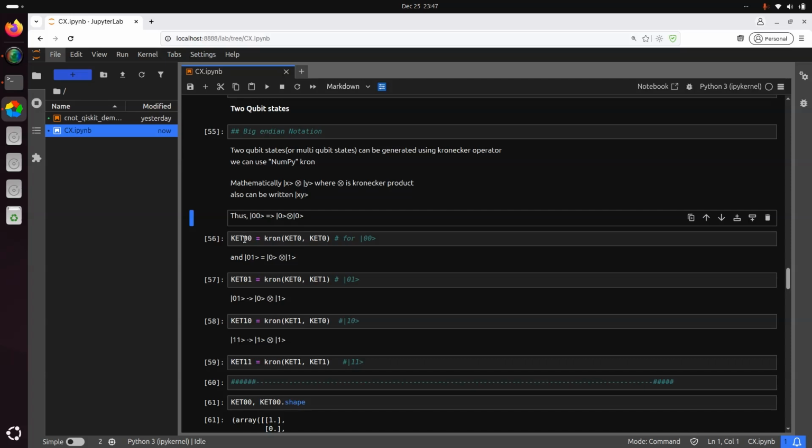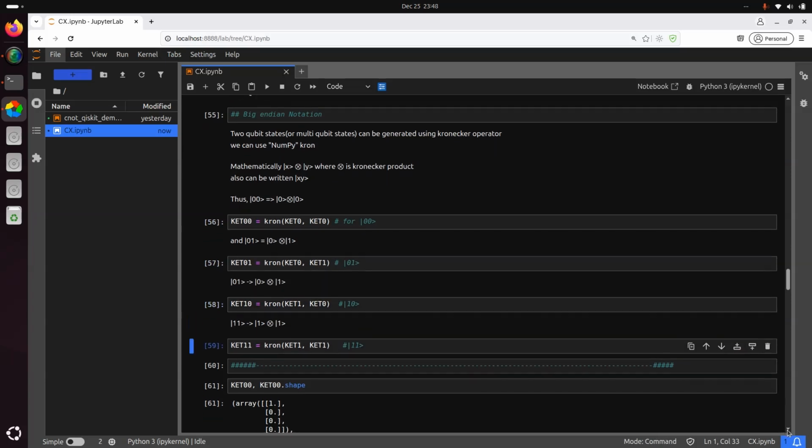For instance, I define ket 0 0 using this kron operator, ket 0 and ket 0. This is for ket 0 1 in this way, and ket 1 0 in this way, and ket 1 1 in this way. So this is equivalent of 0, this is equivalent of 1, this is equivalent of 2, and this is equivalent of 3, because it's 2 to the power of 2.